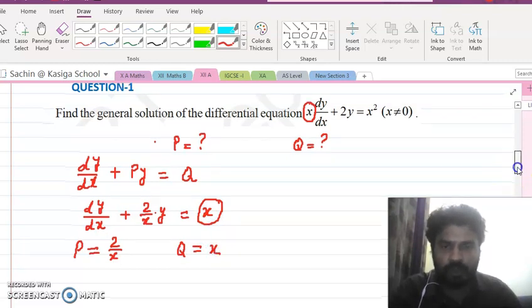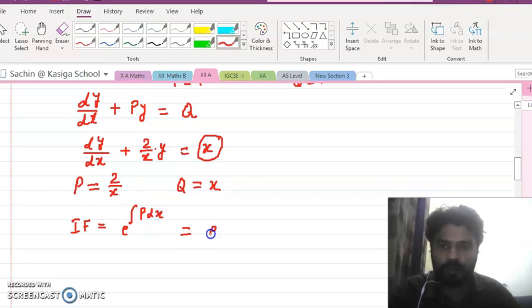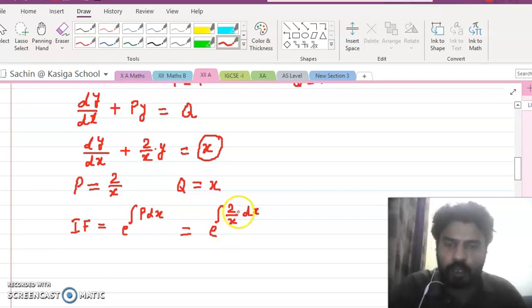So now we have to find the integrating factor. IF means integrating factor, and the formula is e to the power integral of p dx. Let's solve. e to the power integral of 2 upon x dx. We all know the integration of 1 upon x is log x.